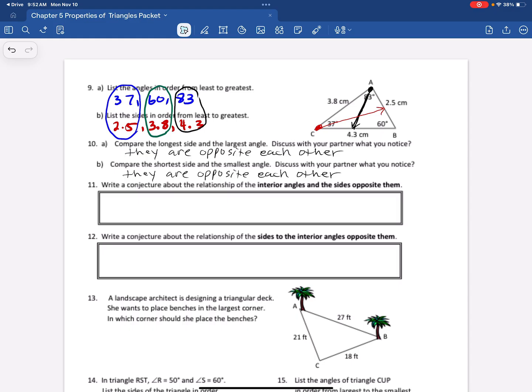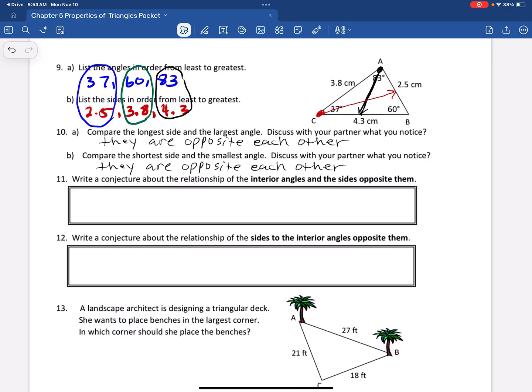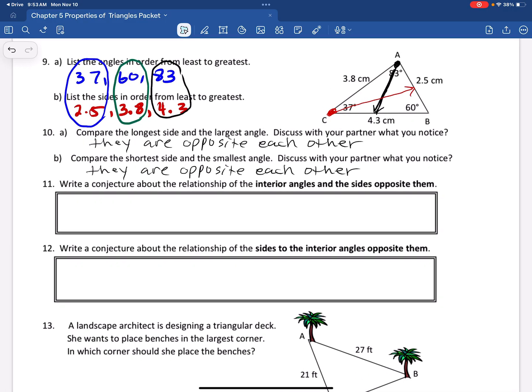Okay, so write a conjecture about the relationship of the interior angles and the sides opposite them. Make sure you leave yourself room. We're going to write 3 different items in here. So first thing we're going to write is: largest angle is opposite longest side.